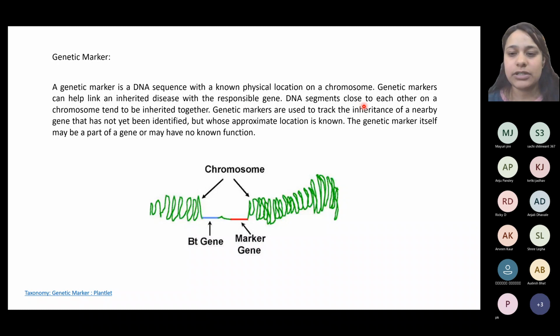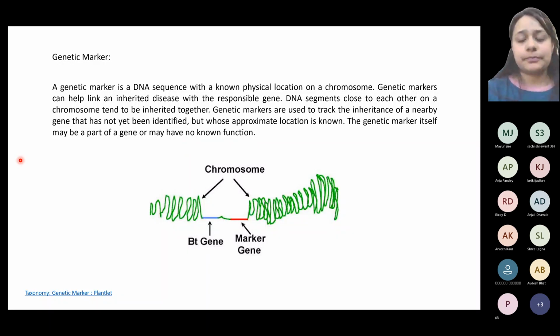DNA segments close to each other on a chromosome tend to be inherited together, which is one of the phenomena we have been talking about. Genetic markers are used to track the inheritance of a nearby gene that has not yet been identified, but whose approximate location is known. The genetic marker itself may be a part of a gene or may have no known function.